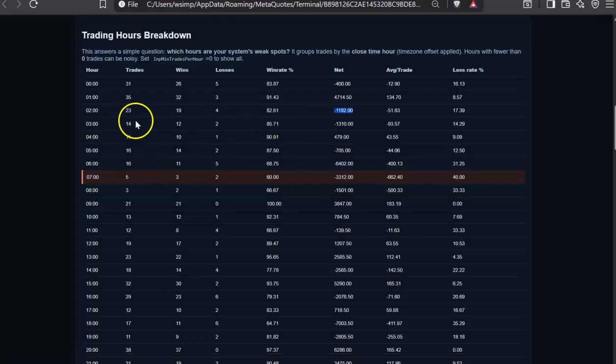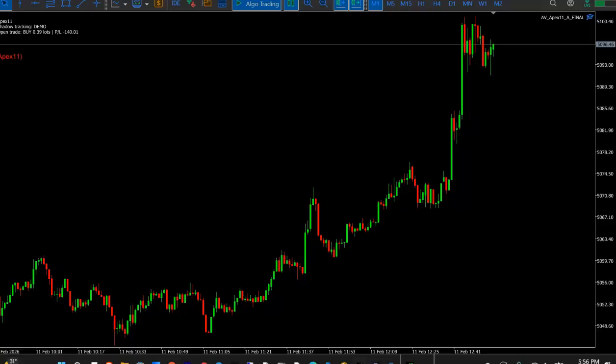3 o'clock, so for now, 3 o'clock is only 14 trades, so I'd leave that on until it's got enough data, because you never know, the next 6 trades could be winners, and that turns from red to green. So we'll leave that in for now. 4 a.m. It's a good hour, so we'll go here.